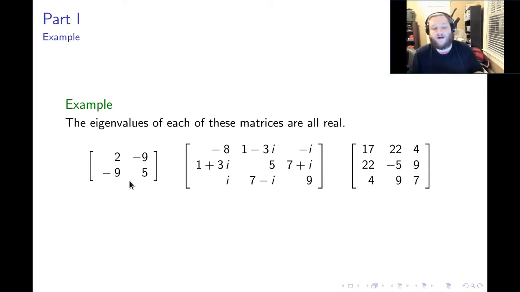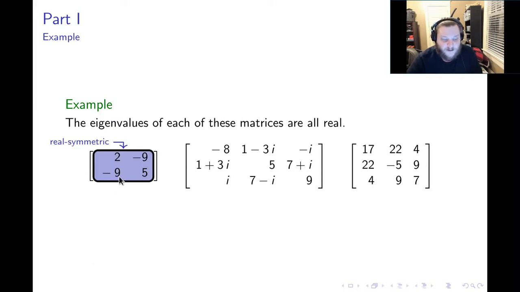I'm simply saying that I can use the theorem we just proved to argue that the eigenvalues of this matrix are real. And the reason is because this first matrix is a real symmetric matrix. We have numbers on the diagonal, and then since this is 2 by 2, we only have two other numbers which match up here. Real symmetric matrices are examples of Hermitian matrices, so the spectral theorem applies to them.